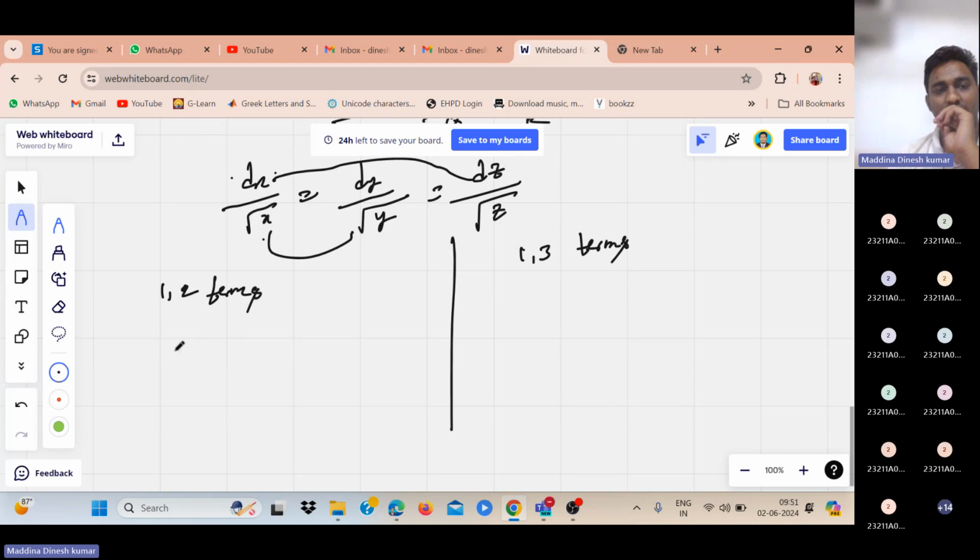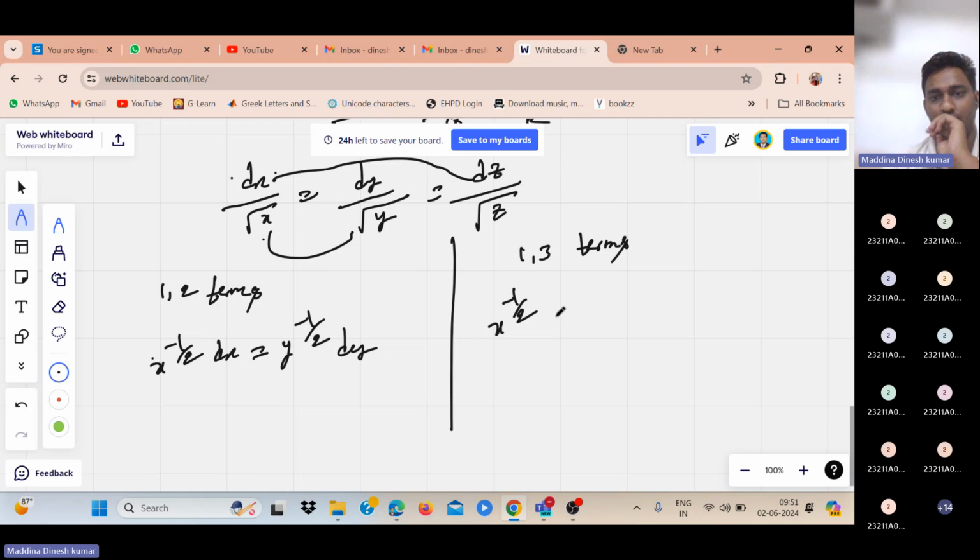So see here, this one can be written as 1 by square root of x, that is x to the power of minus 1/2 dx equal to y to the power of minus 1/2 dy. Here 1, third means x to the power of minus 1/2 dx equal to z to the power of minus 1/2 dz.